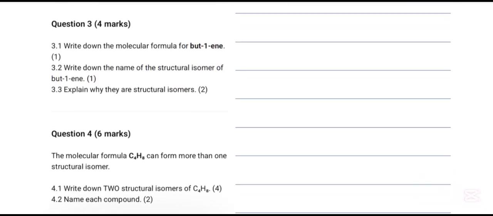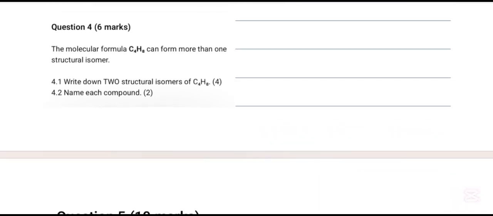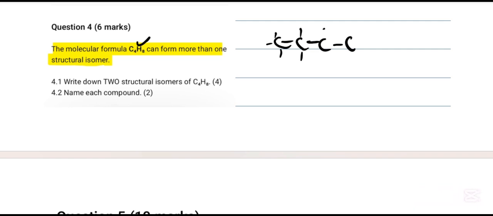Question number 4. The molecular formula C4H8 can form more than one structural isomer. So the first one will be straight, no branch. There are 4 carbon atoms, 1, 2, 3, 4, and 5, 6, 7, 8, there are 8 hydrogen atoms.